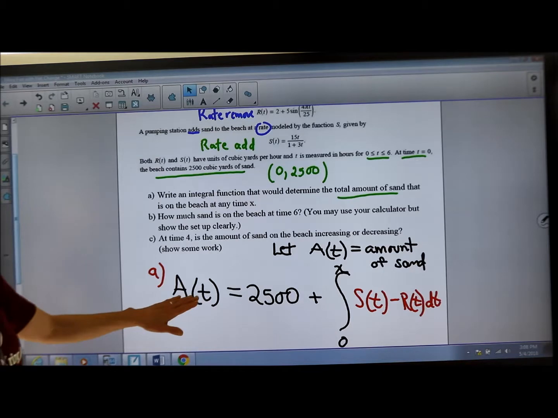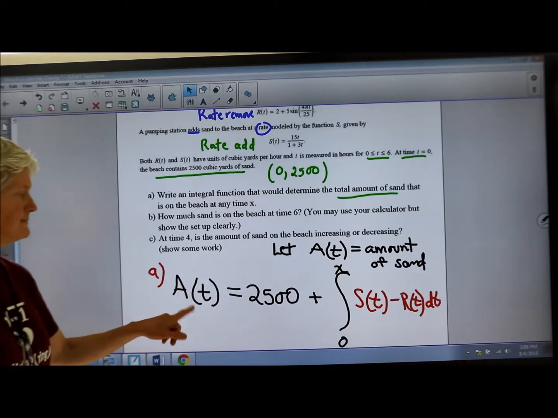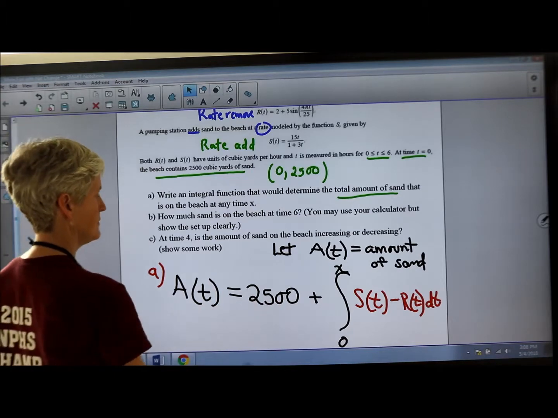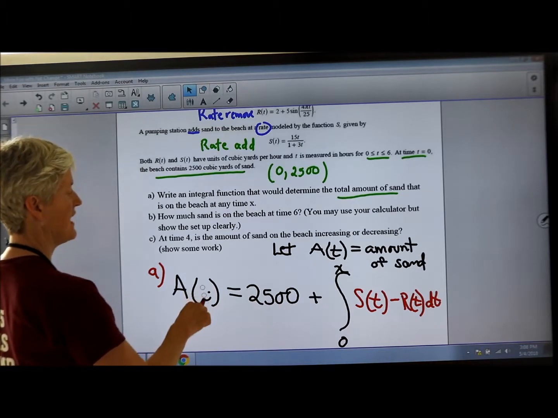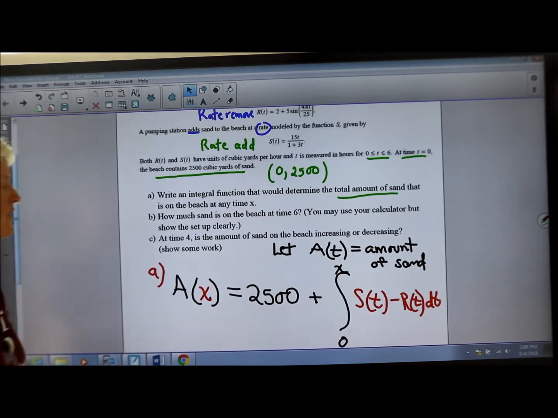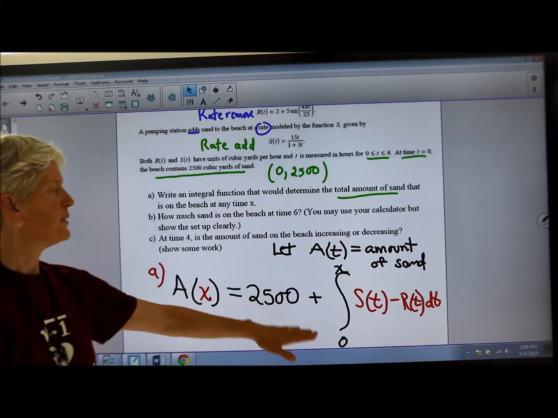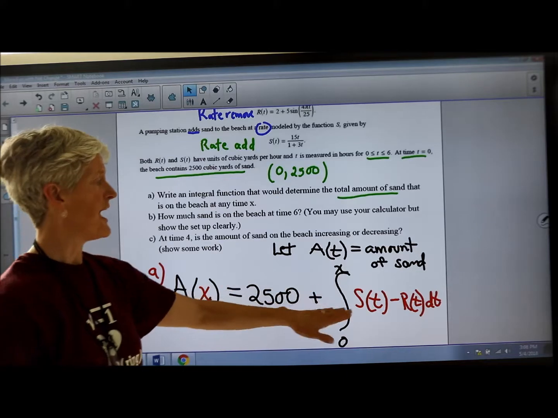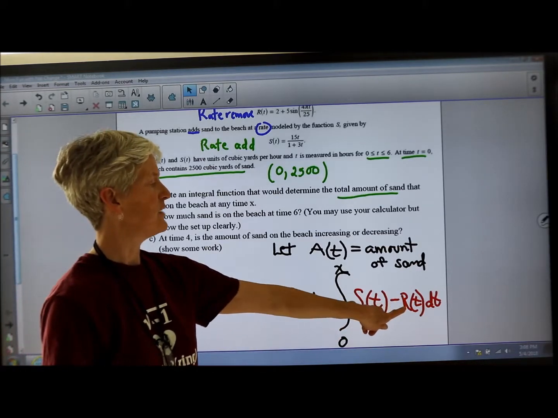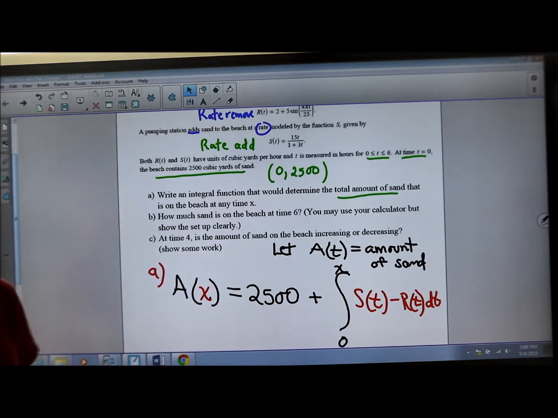The amount of sand I have at time t is 2,500, whoops, let's say the amount of sand I have at time x, that's more accurate, is my 2,500 plus the integral from 0 to x of the rate at which sand was added minus the rate at which sand was removed. There it is. There's my integral function. Are we good with that?